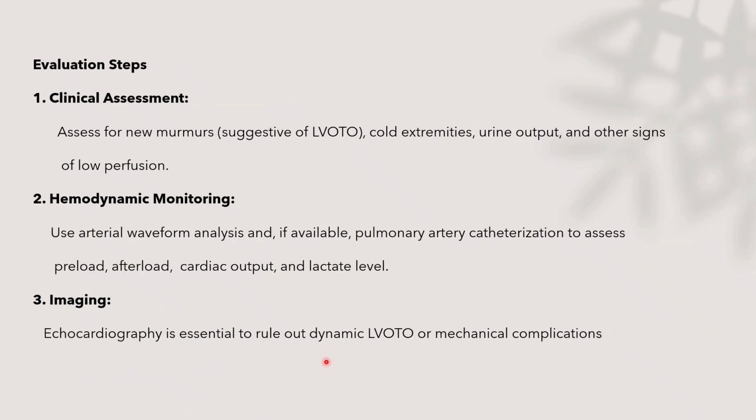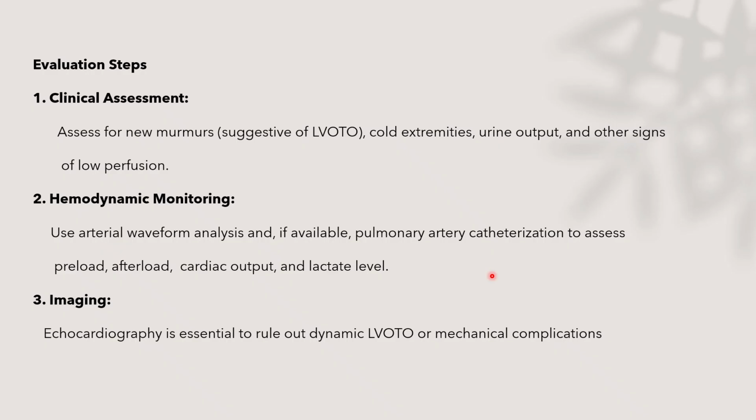When it comes to evaluation steps, in clinical assessment we should look for new murmurs suggestive of left ventricular outflow tract obstruction, cold extremities, urinary output, and other signs of low perfusion. For hemodynamic monitoring, use arterial waveform analysis, and if available a pulmonary artery catheter to assess preload, afterload, cardiac output, and lactate level.